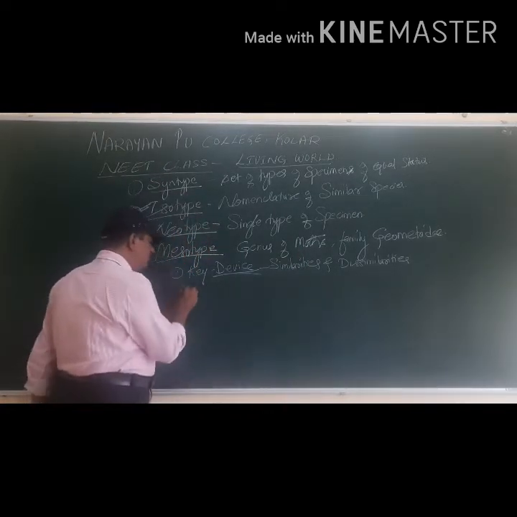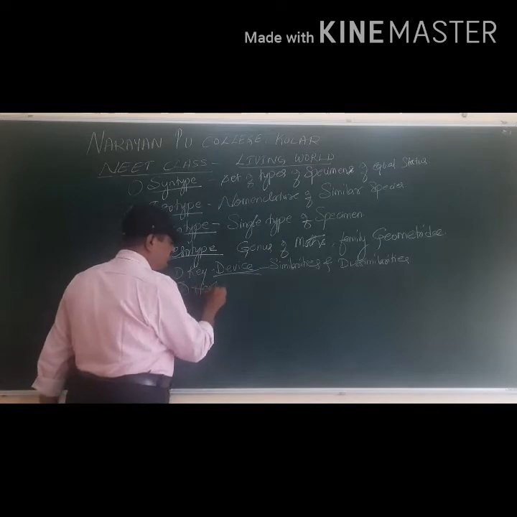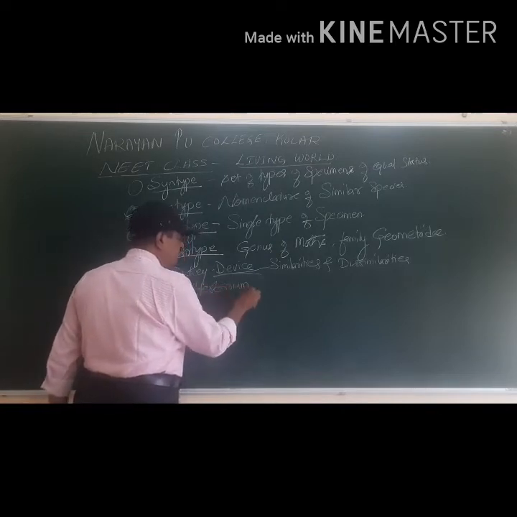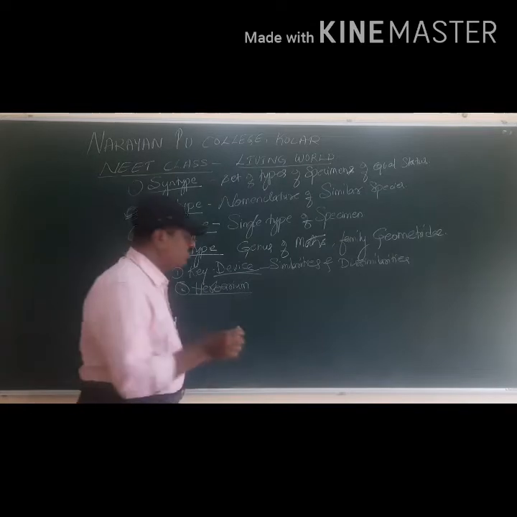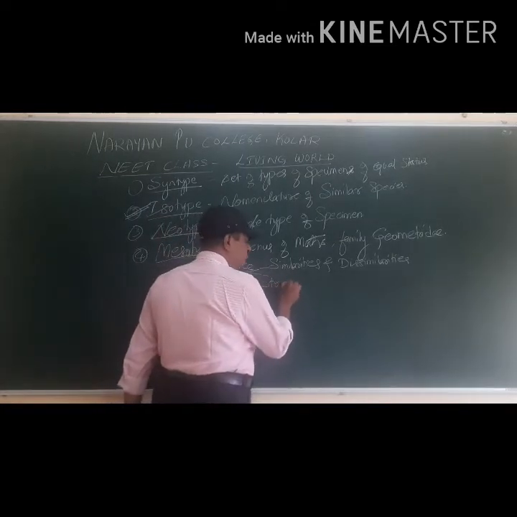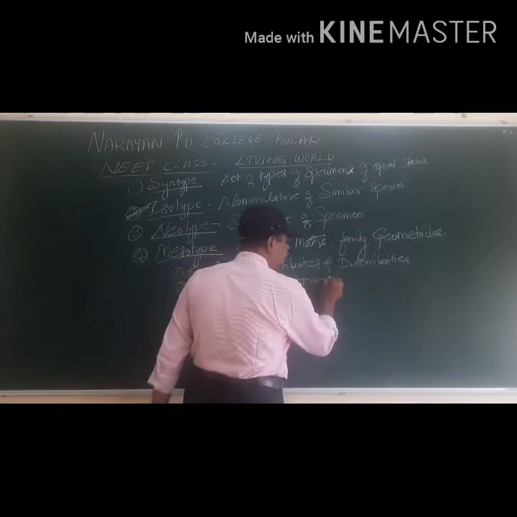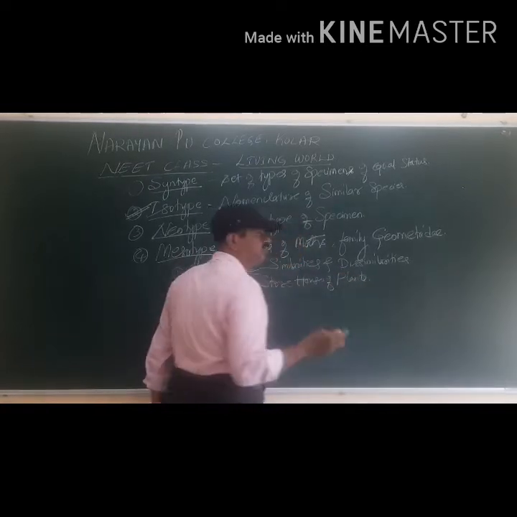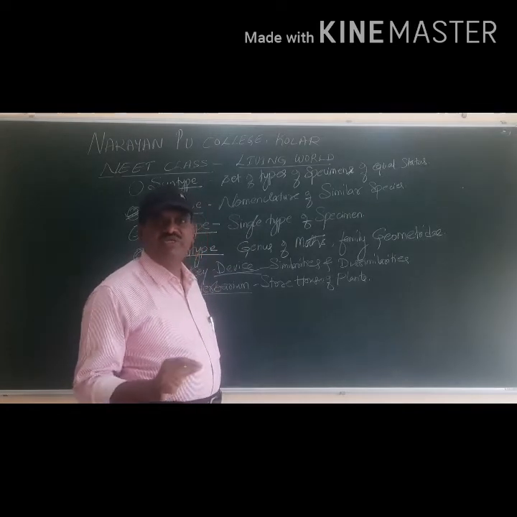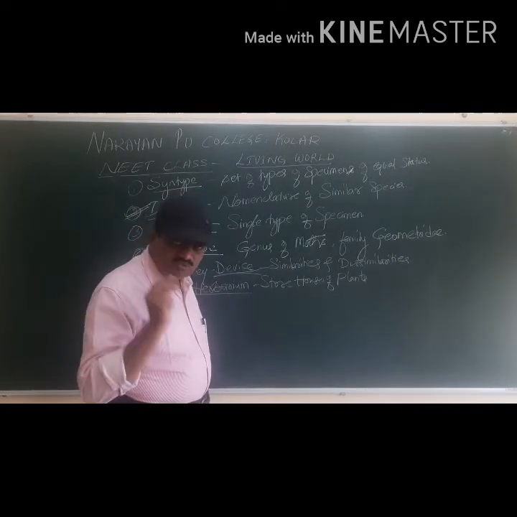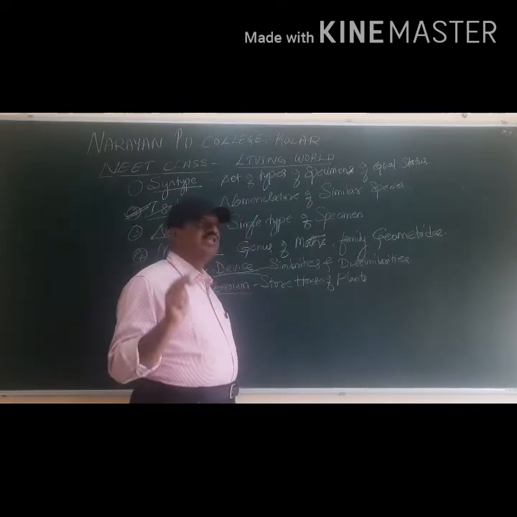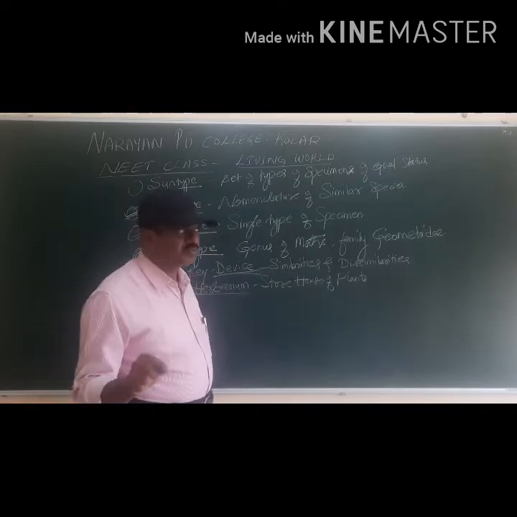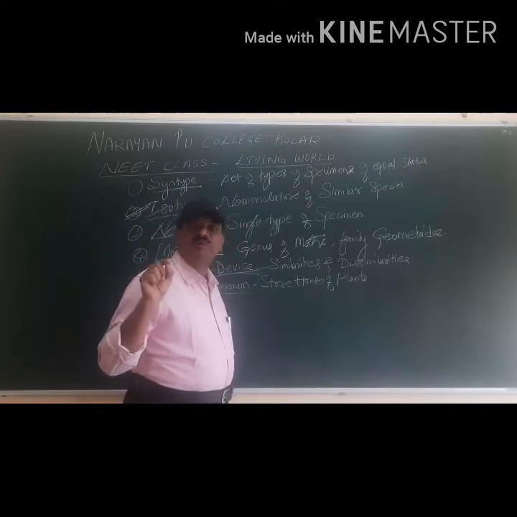So when we go for herbarium, this is nothing but a storehouse of plants. Here we take a plant twig. It is usually spread without any foldings on a newspaper and pressed.